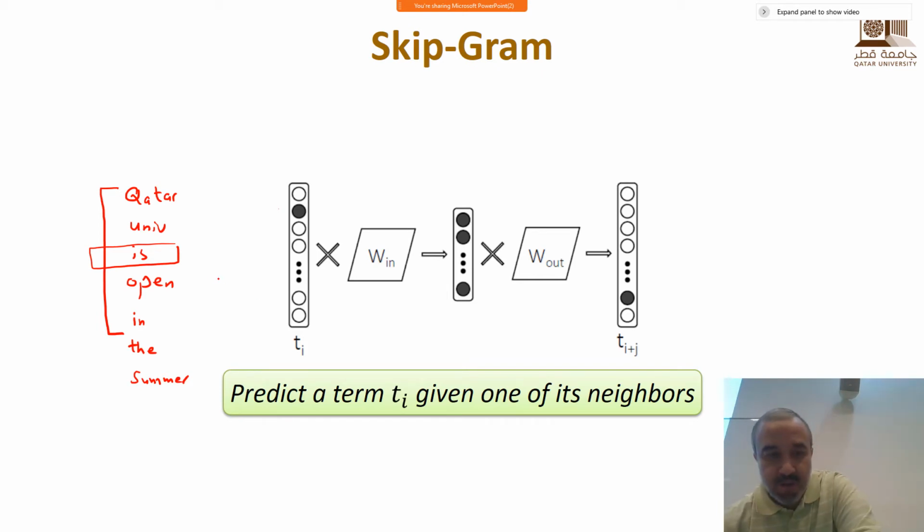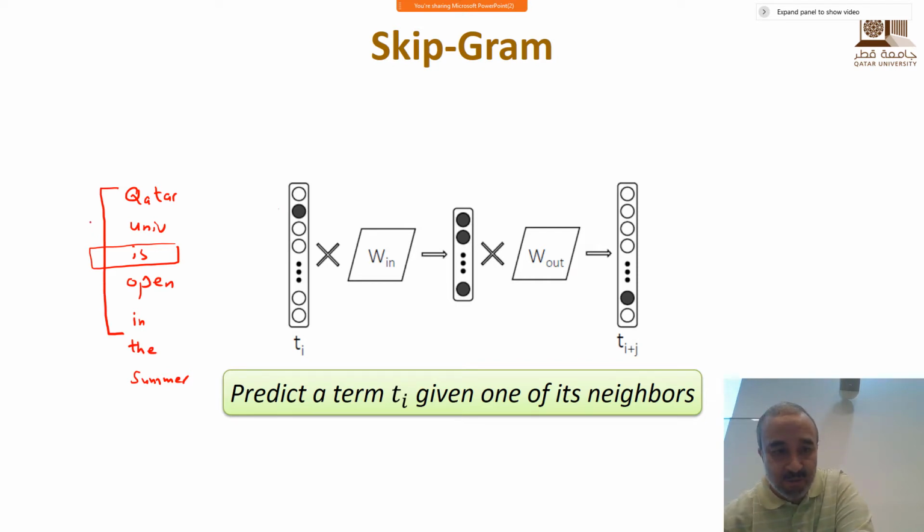So here it will be "is", and what will be the output, the predicted value? Not "Qatar University". It's just one word at a time. So "is" and "Qatar", that's one training example. "Is" and "University", "is" and "open", "is" and "in". Okay? What else? Yes, we will move the window now.